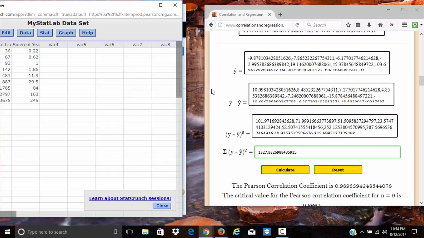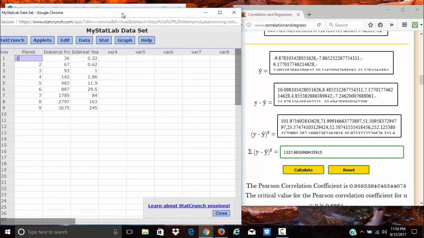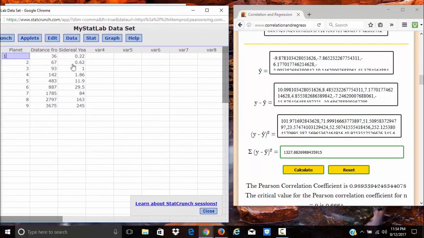We are going to rename this variable to residuals, and let's put this in 2 decimal places. Okay, these are the residuals here. Observed y minus predicted y.